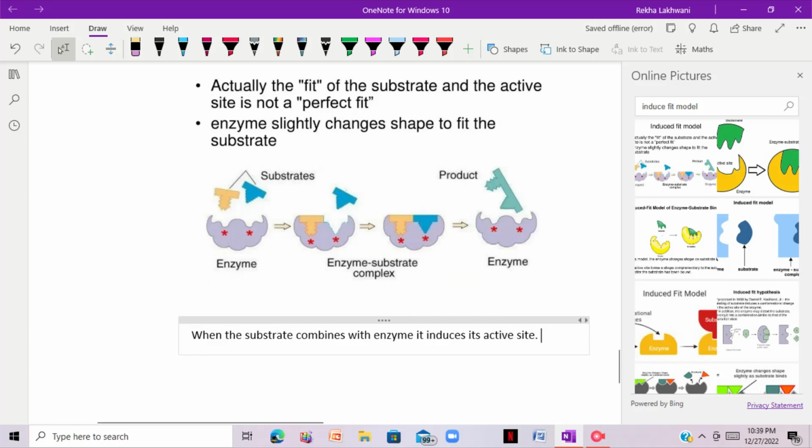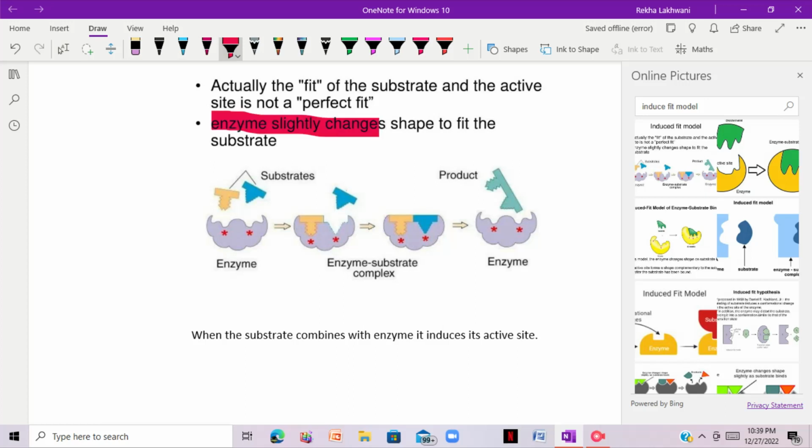Now, what happens over here? You can see this clearly in the diagram. The shape of the substrate is like this, and the enzyme shape is something like this. But when the substrate comes near, the enzyme changes its shape, and as you can see, it has changed. When the product is released, the enzyme has recovered its shape.